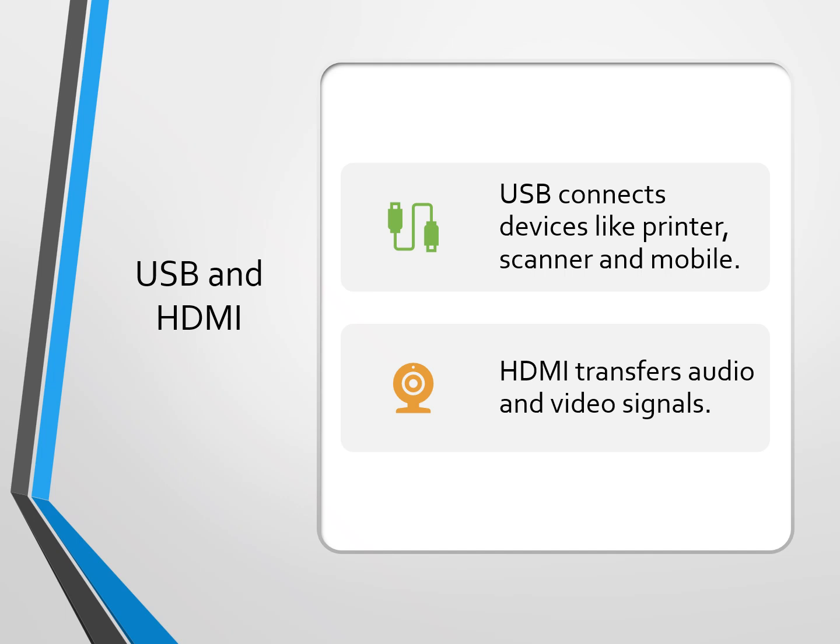So USB and HDMI. There is a difference between USB and HDMI. USB is for connecting devices like printer, scanner, and mobile, like I said. But HDMI, on the other hand, transfers audio and video signals. Okay, that is why we use the HDMI port to connect to a TV or a projector in many cases.